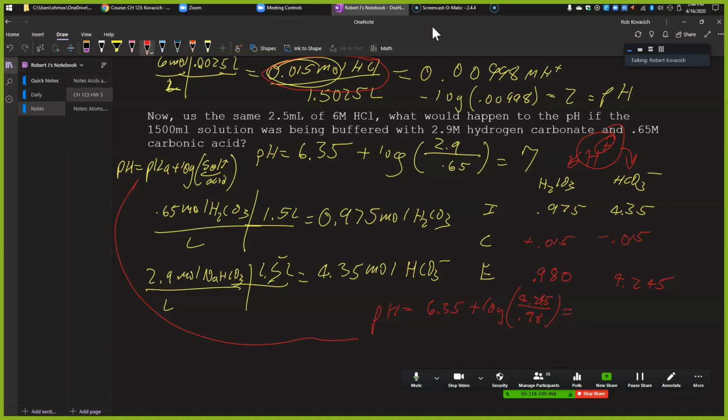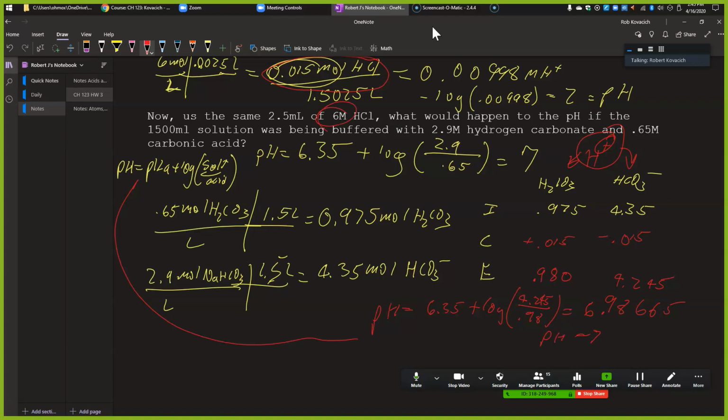And the pH is, how many sig figs do we have? 2. 6.98, 7.665. So I don't know. Wouldn't it be 7? It actually just rounds to a pH of 7.